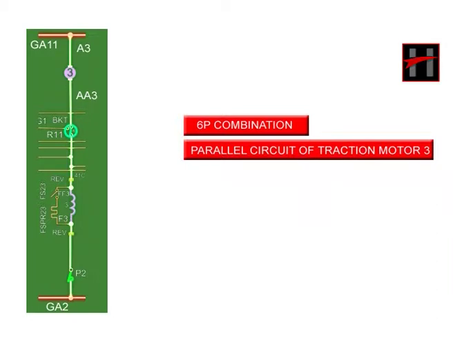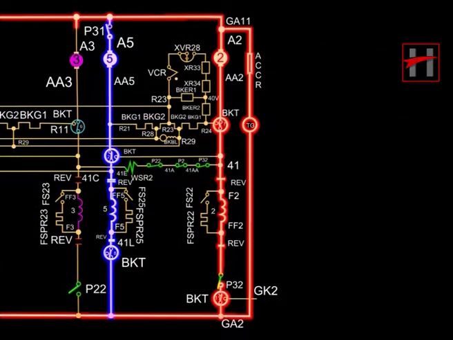Let us now see the current flow in the parallel circuit of traction motor 3. The current energizes the traction motor 3 via the cable A3. The field of traction motor 3 is energized via BKT contact 6 in motoring mode, cable number 41C and the reverser contact.